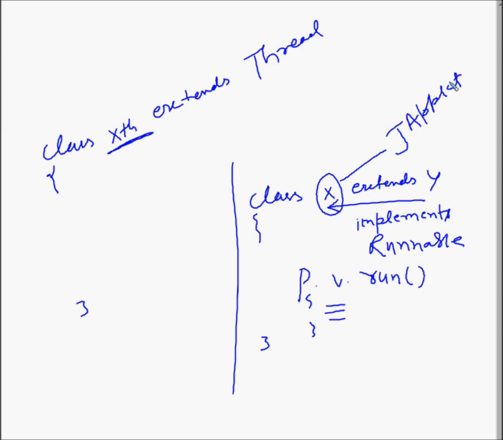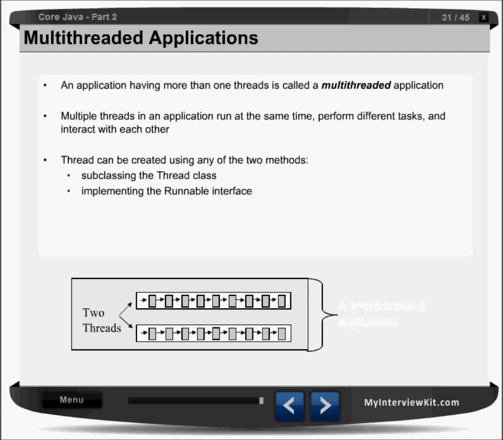And in that JApplet, or your applet, you want the functionality of a thread. Can you do it? No. So in that case, you require this: implements Runnable. You can override this method, write the code, and enjoy working with threads, right? I hope we understood the Thread class and Runnable interface.